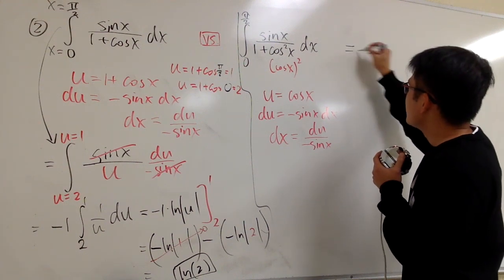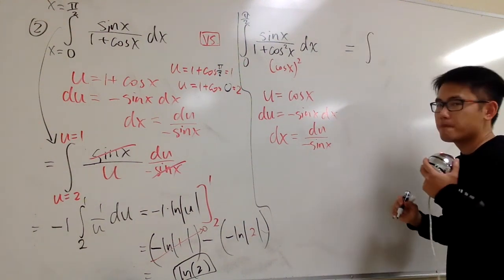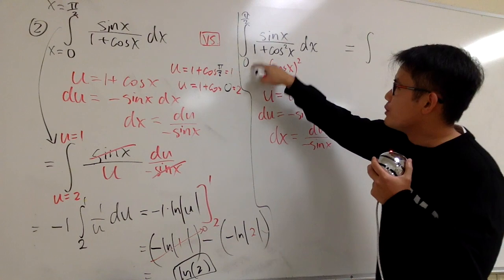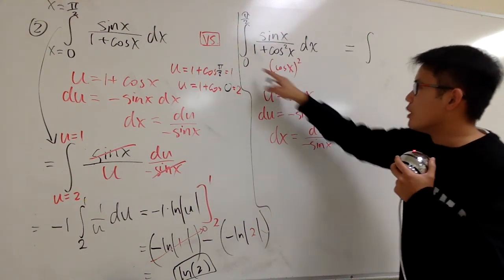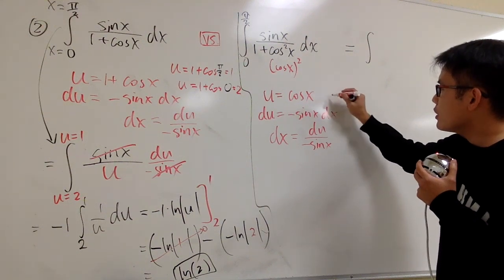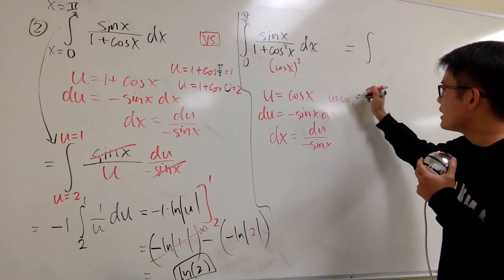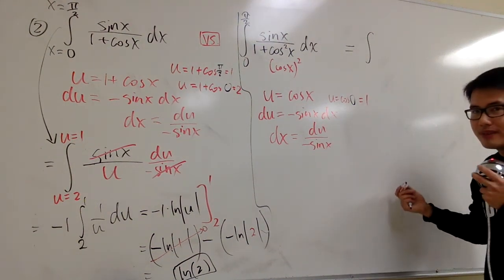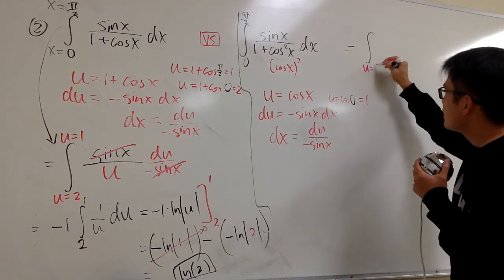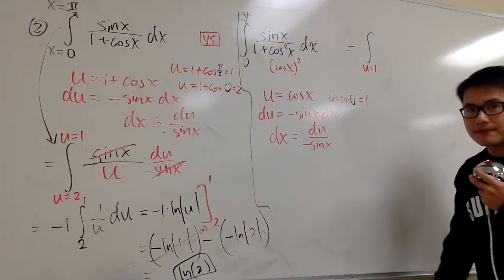And now I will take this integral into the u world. So let's see what we end up with. This is going to be the integral. But then I want to take off these numbers. These are the x values, right? So when x is 0, plugging in, you get u equal to cosine 0, and this is going to give us 1. Cosine 0 is 1. So this number right here is u equal to 1.